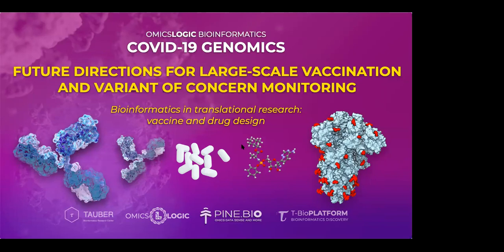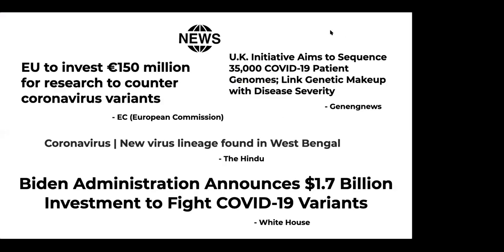We will discuss how different countries are using this and investing billions of dollars in sequencing, variant detection, and vaccination. So what could be the strategies based on this for SARS-CoV-2? There has been a lot of news about this.